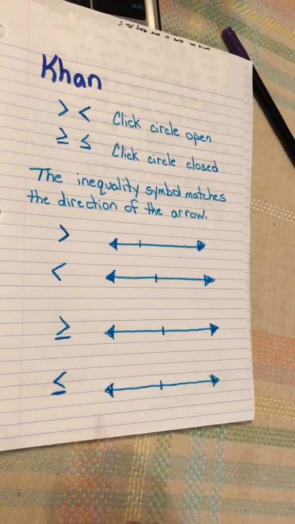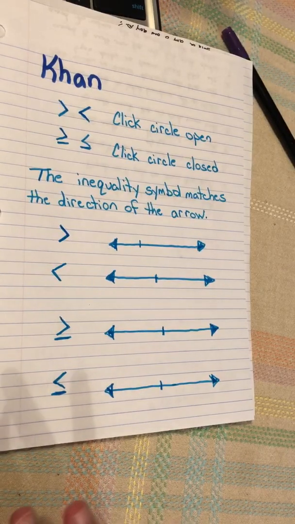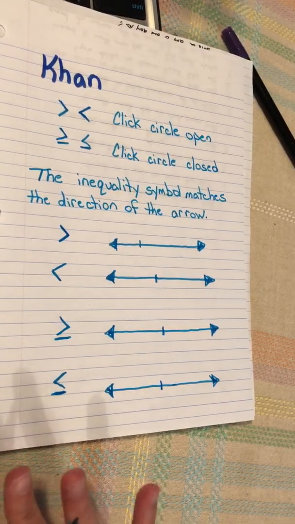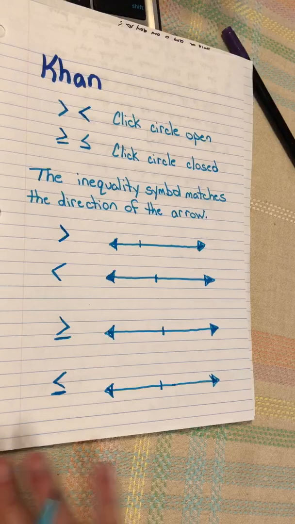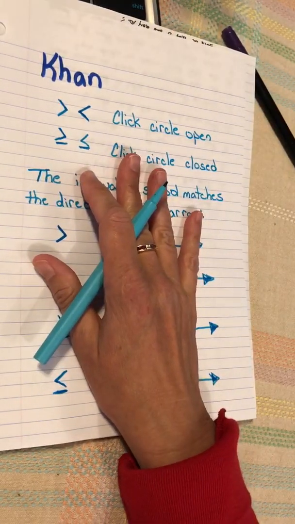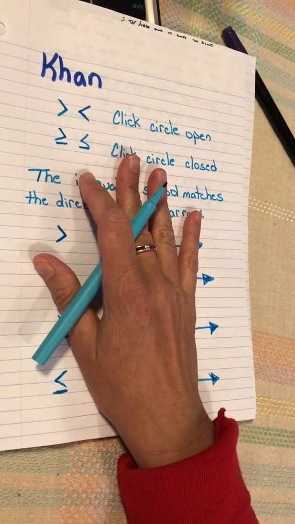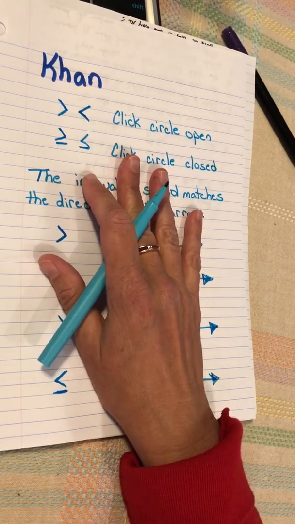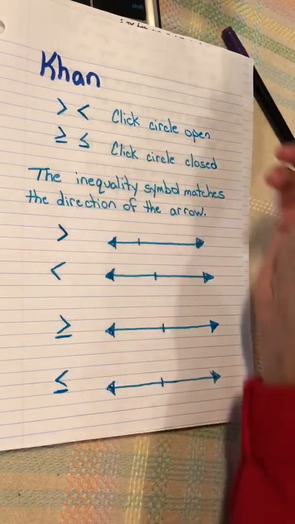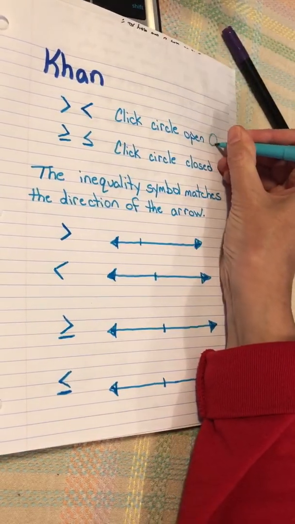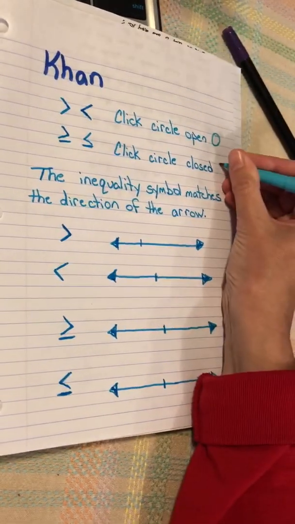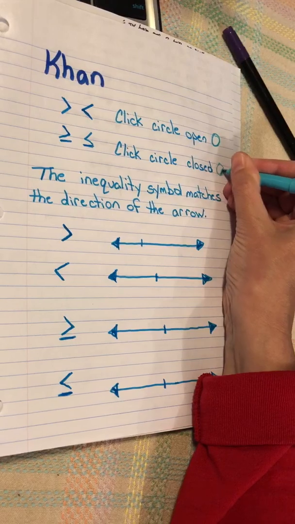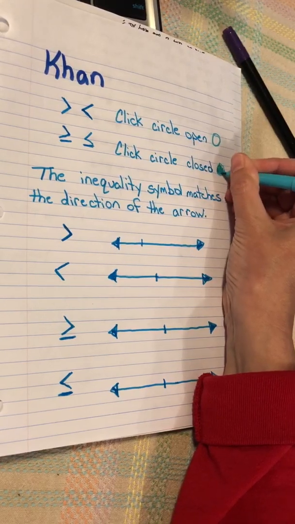One of the exercises is just like what I did on the page before. For the other exercise, they are going to give you the number line and you're going to have to decide whether the circle should be open or whether the circle should be closed on the number line.